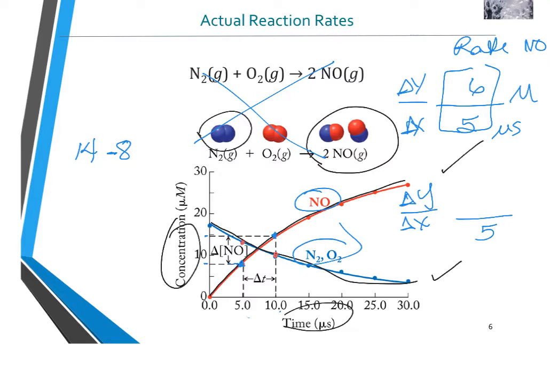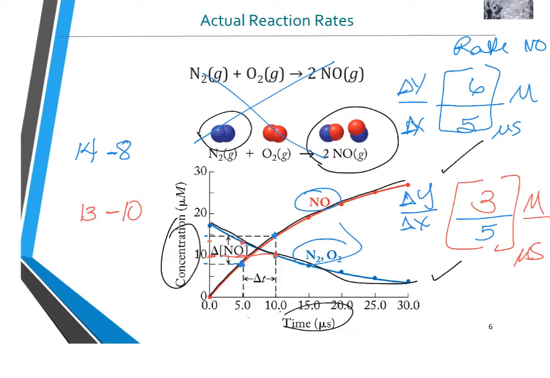All right, so the change in Y at that point, here and here, looks like it would be, let's see, it's 15, maybe 13 minus, that's probably 10. Okay, so 3/5 molarity per microsecond.